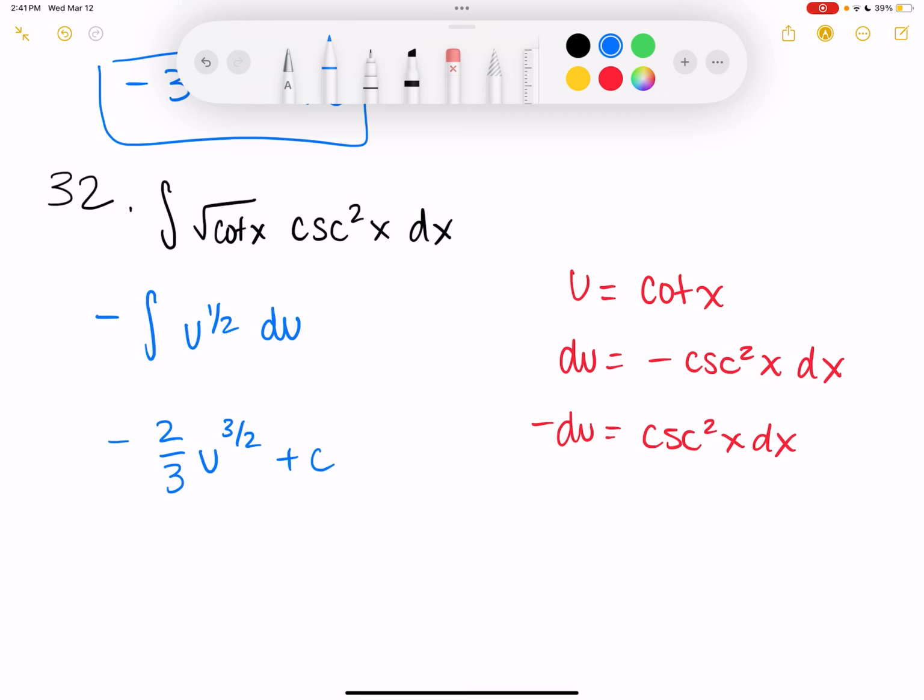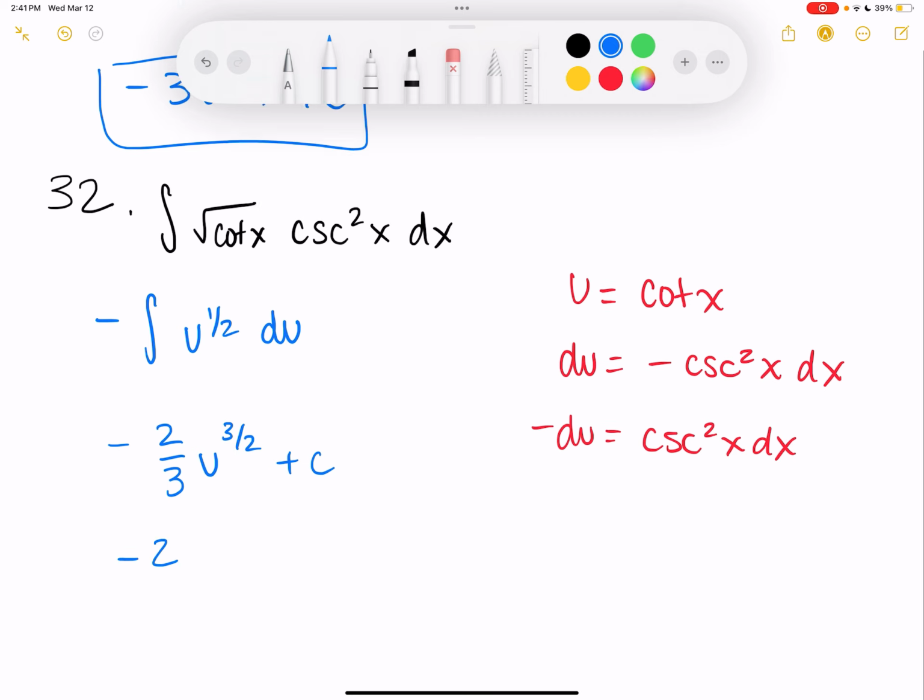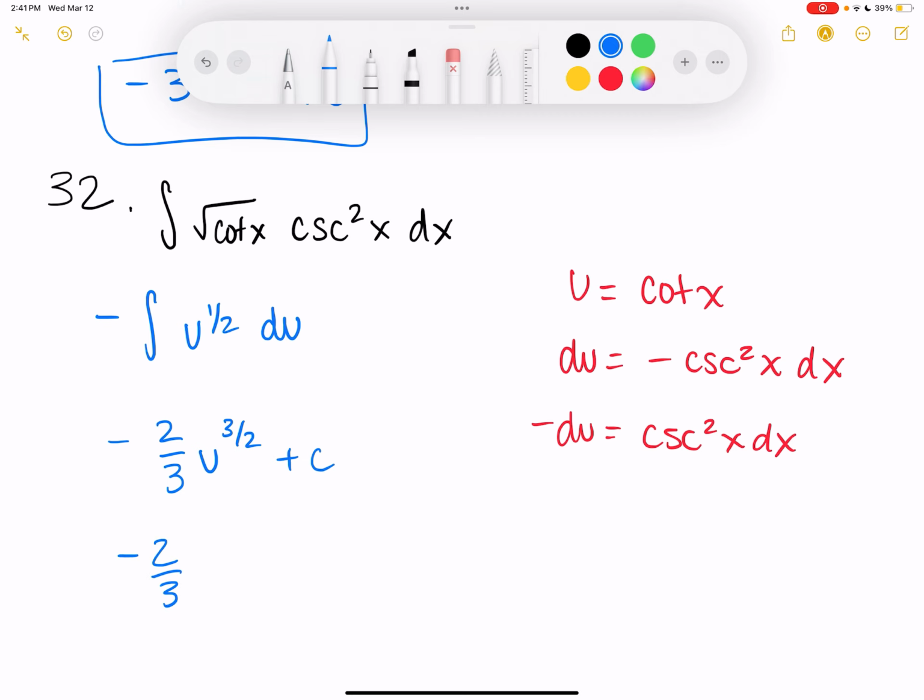And obviously, a lot of times we write the exponent like cotangent squared of x, but in this case, I'm going to write it as cotangent of x raised to the 3/2. Just since it's a fraction one, I can still write it that way, but it's just a little bit weird. So the cotangent of x to the 3/2 plus c.